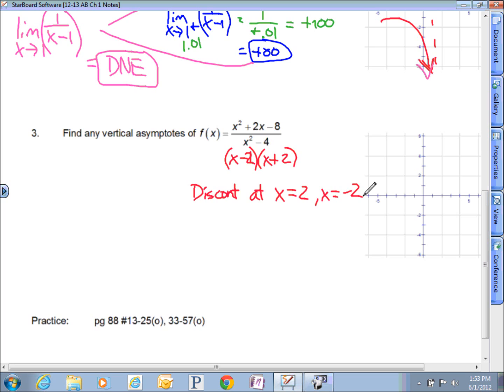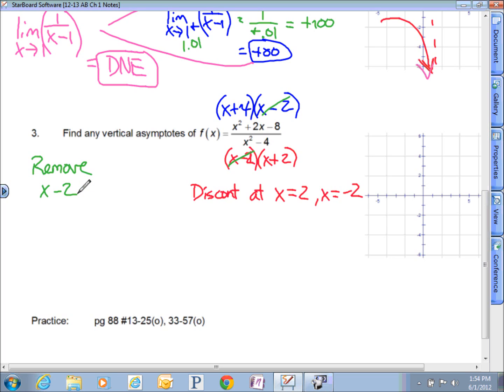So if we look at the numerator of this thing, we could factor this numerator into x plus 4 and x minus 2. Notice that common quantity on both the top and the bottom of an x minus 2. What effectively we just did is remove the x minus 2 quantity from the problem.